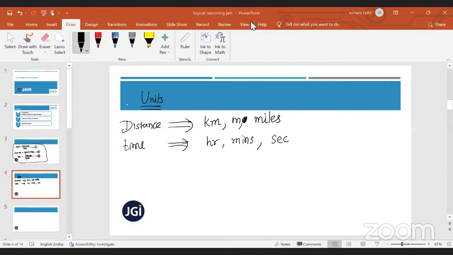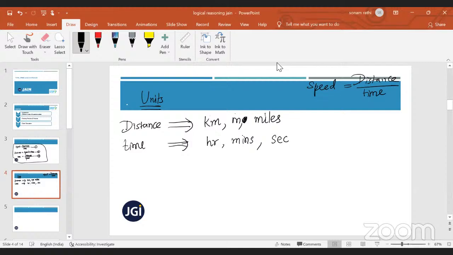So unit of distance is kilometer, meter, miles. Unit of time is hour, minutes, and seconds. Note this down. Since we know our formula is speed equal to distance upon time, we can find the unit for speed also.